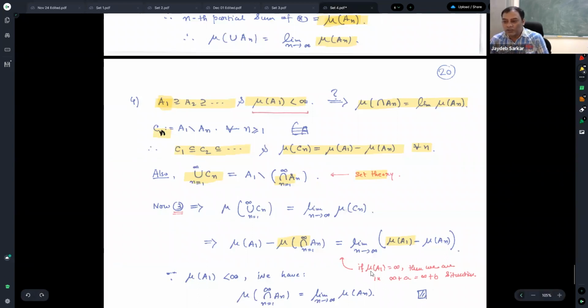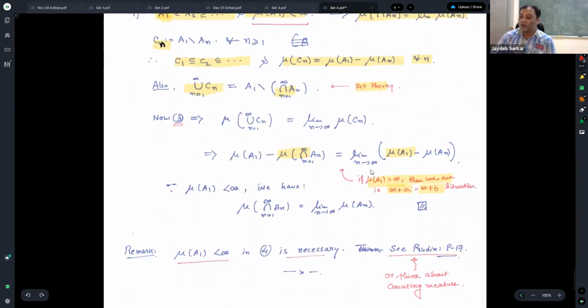So if the measure of A1 is infinity, then we are in the situation of infinity plus A equals infinity plus B. And remember, I discussed all the ordering, but I have not said anything about an infinity minus infinity situation. That doesn't make sense, you don't allow it.